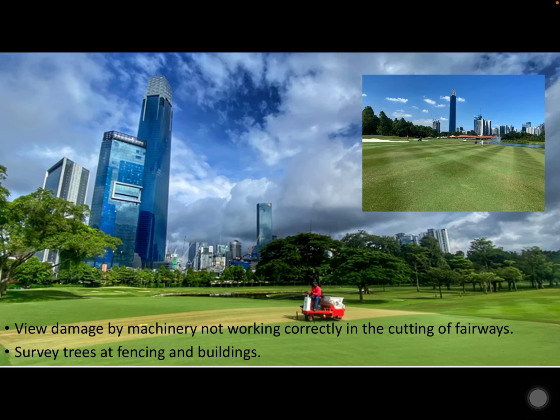We also can view damage by machinery not working correctly in cutting the greens here, and in cutting the fairway. This one is the fairway, and we can see how it is being cut, like a checker pattern.